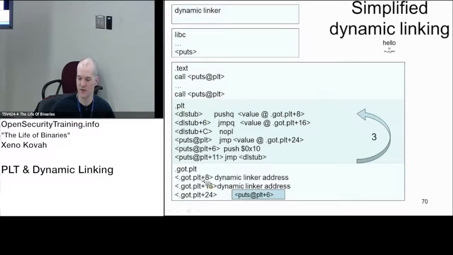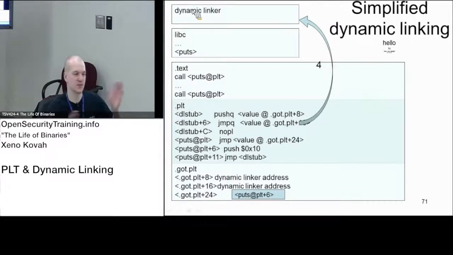So it's pushing the value of this, and it's jumping to whatever value is here. It pushes and then jumps, and it goes to this dynamic linker address, and that goes up here, to, this is more of the hand wavy. The dynamic linker does some stuff and eventually is going to fill in the table. And that stuff is the equivalent of LoadLibrary and GetProcAddress in order to look up the real address for puts, because we want to put the real address for puts into this table so that the next time you call something that looks up from this table, it goes to the real puts.